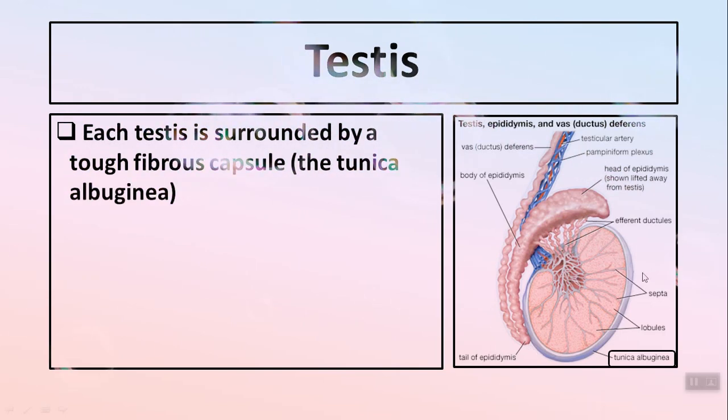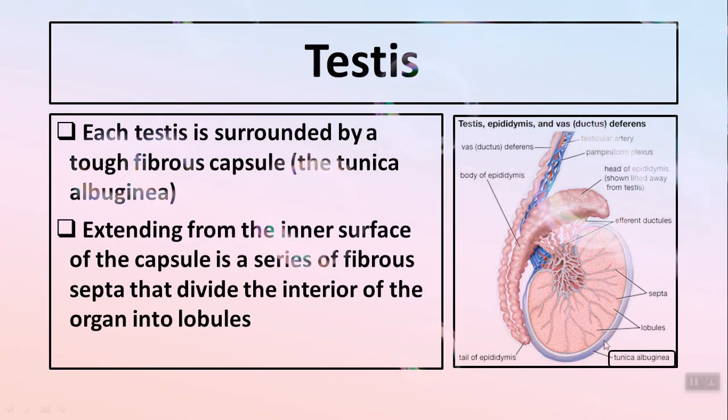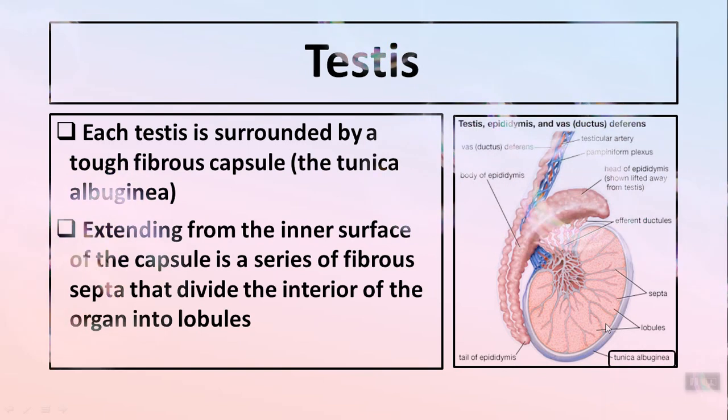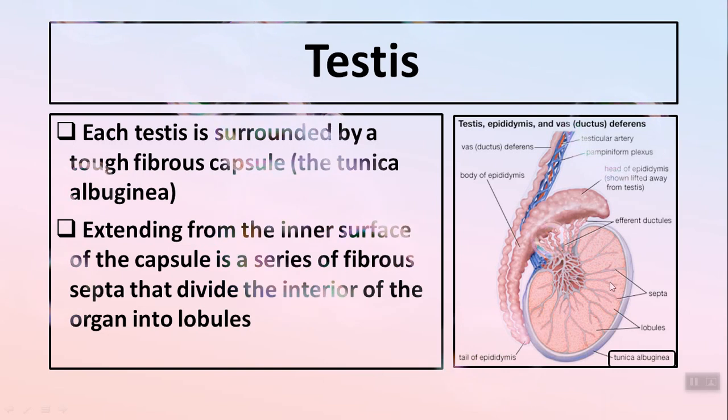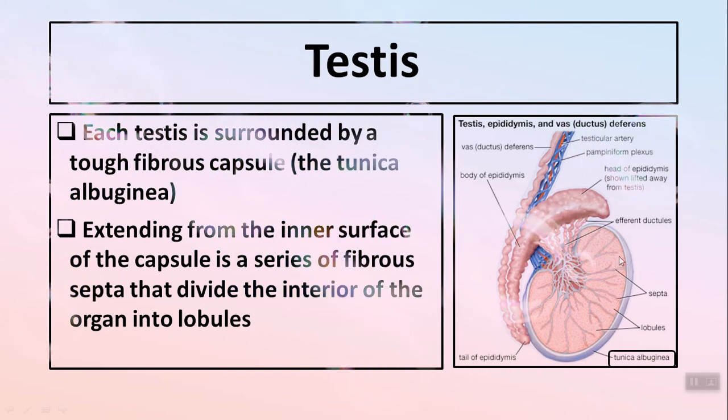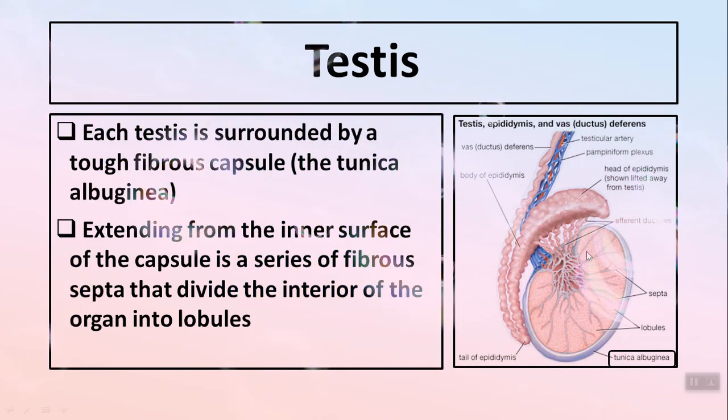Tunica albuginea in Arabic means الغلالة البيضاء. From the inner surface of this capsule, the tunica albuginea, there is a series of fibrous septa, يعني حواجز, that will divide the interior of the organ into lobules.